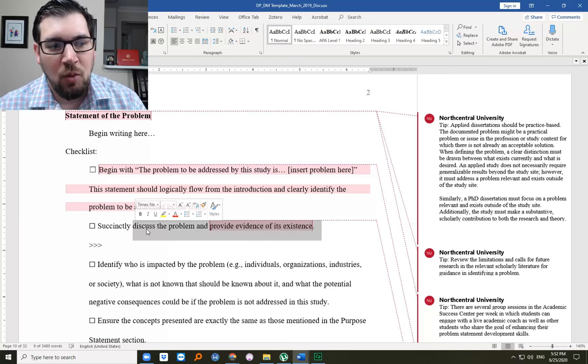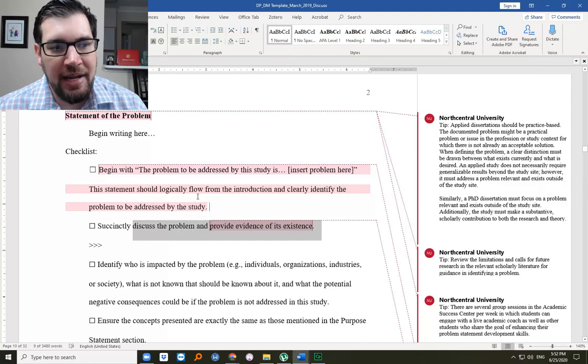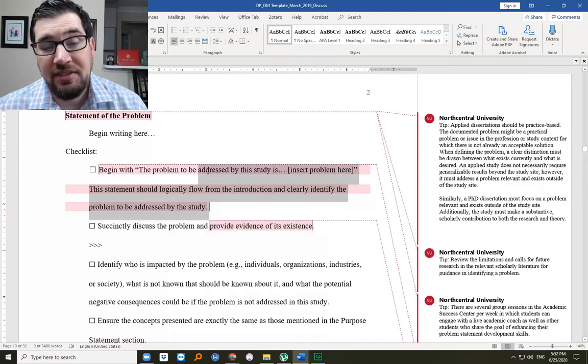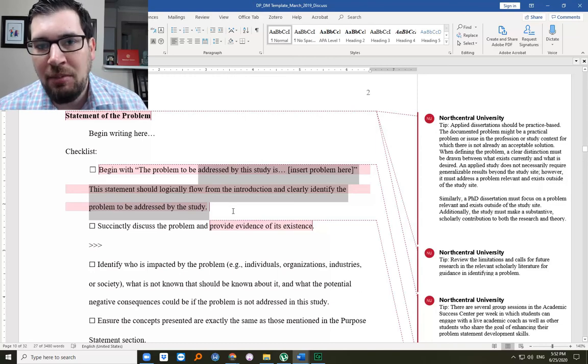And so what is it that has been studied in your problem area? And just think about the topic that you've just presented in your introduction. What is it in your problem area that is the problem that has not yet been studied?